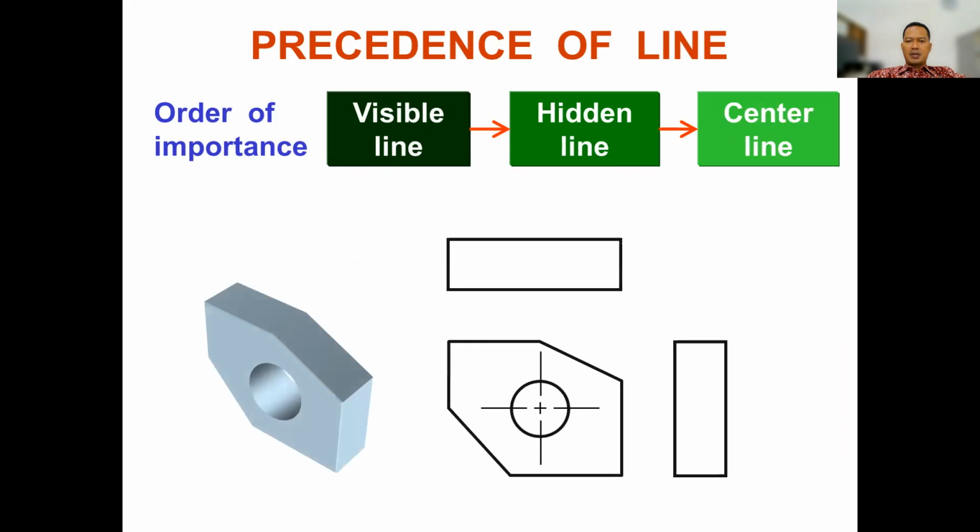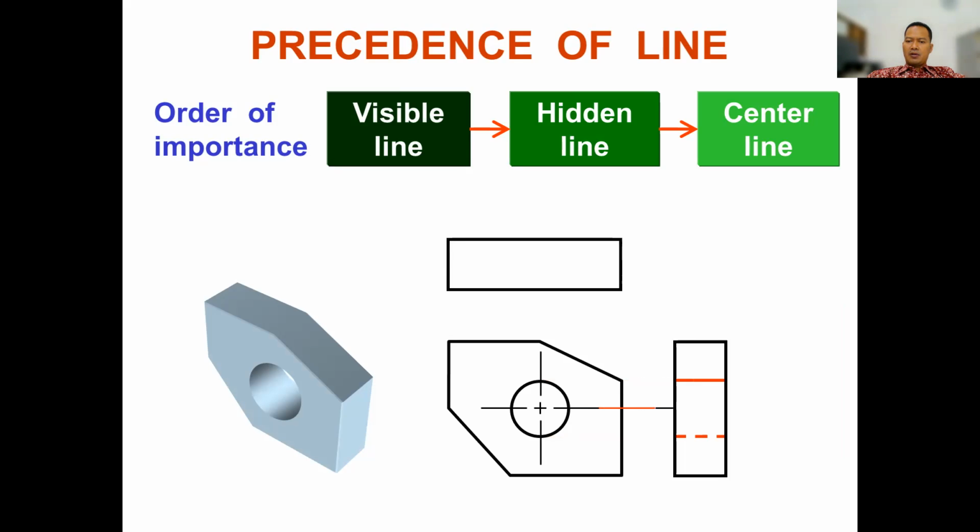For example, we have the projection view like this, then we want to make a hidden line in here, but we have a visible line, so we can use the visible line on the other projection and remove the hidden line.